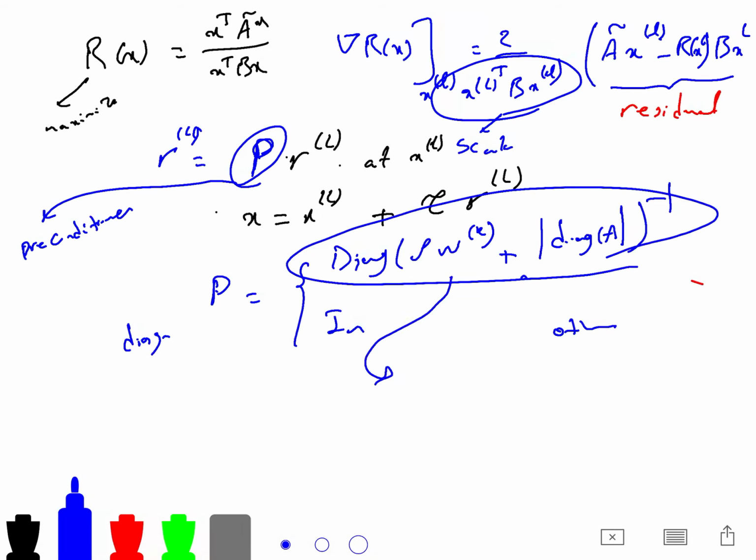So we use this if, for example, rho W^k over the norm of the diagonal of A is greater than 100. So we apply preconditioning only when some elements become relatively large. Otherwise, we don't care about it.